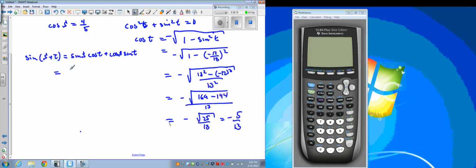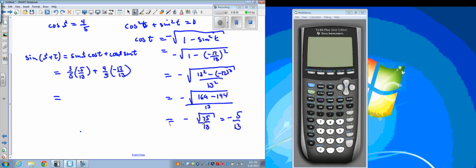So the sine is 3/5, and the cosine was this thing down here, minus 5/13. And then the cosine was 4/5, and the sine t is minus 12/13.